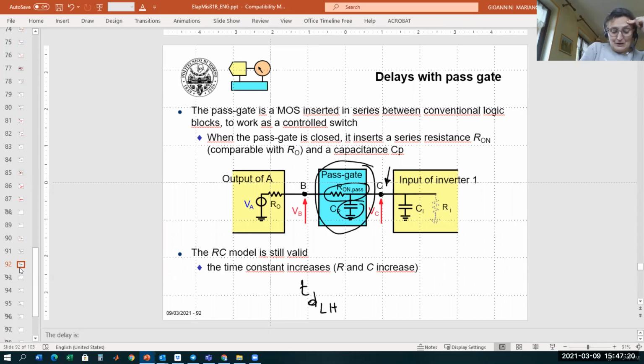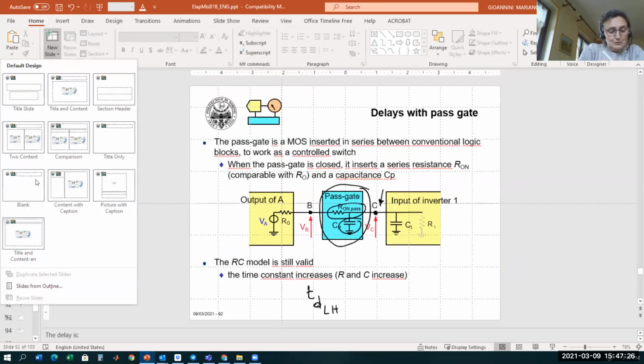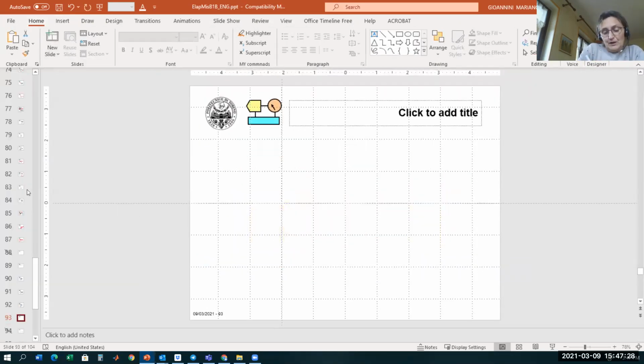So how do you answer this question? This is the last time I repeat it, then we move to another. You have to plot the equivalent output circuit for A. Then you have to add the equivalent circuit for the pass gate.